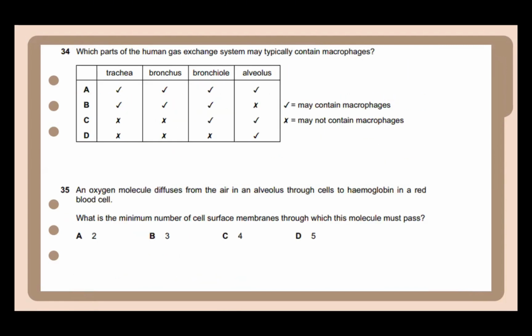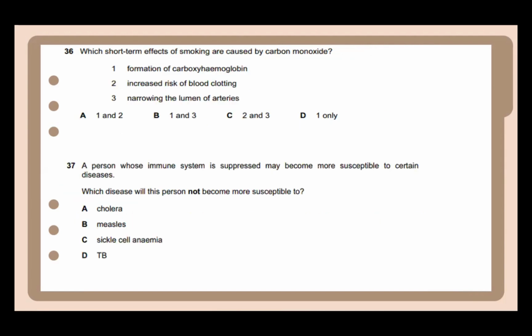Which part of the human gas exchange system may typically contain macrophages? The answer is D. An oxygen molecule diffuses from the air in an alveolus through cells to hemoglobin in a red blood cell. What is the minimum number of cell surface membranes through which this molecule must pass? The answer is 5.